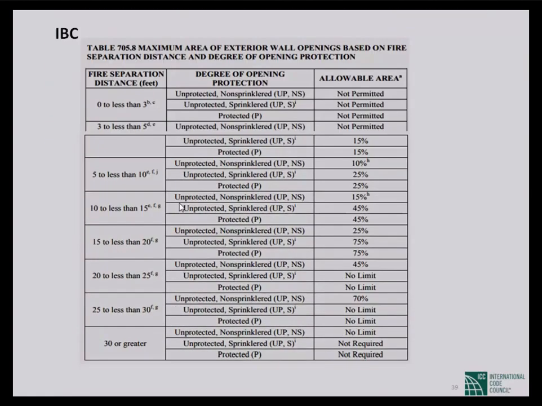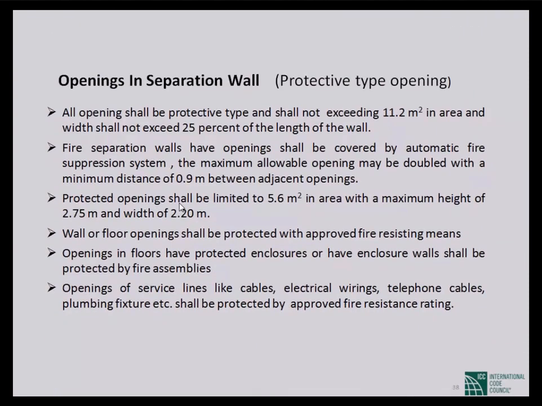If it is IBC, it has given the detail: if it is sprinklered, how much opening area you can keep and how much you cannot. But in simple terms, BNBC gives some ideas. All openings shall be protected type and shall not exceed 11.2 square meters in area, and the width shall not exceed the length. Openings have to be protected.